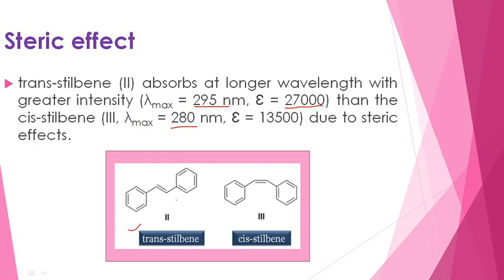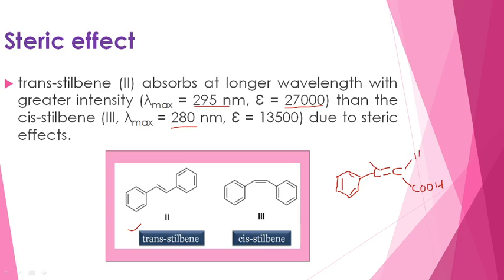Here I am taking the example of stilbene. If you want to investigate the compound cinnamic acid, here I am writing cinnamic acid. Cinnamic acid will also exhibit the same property.